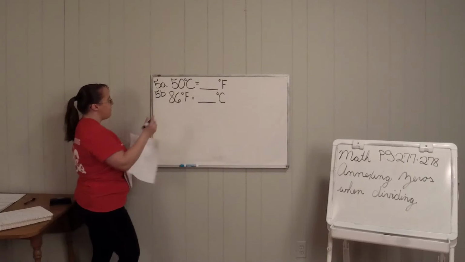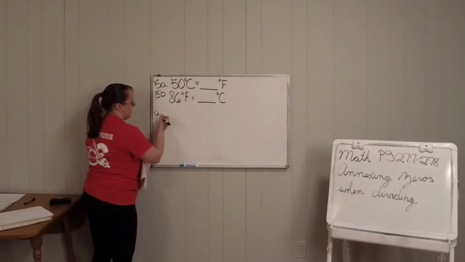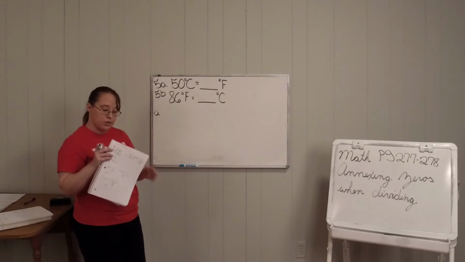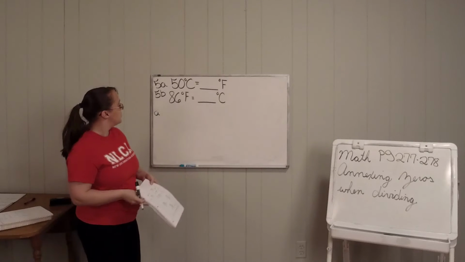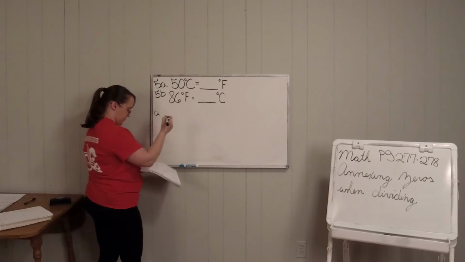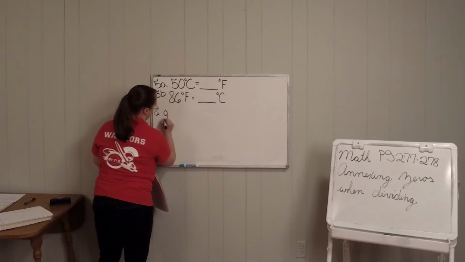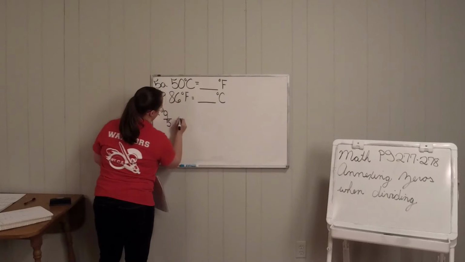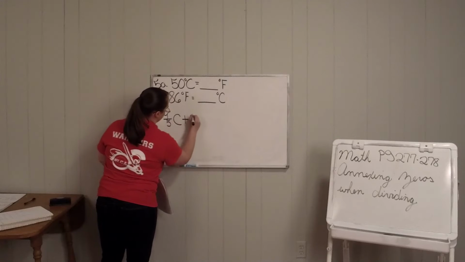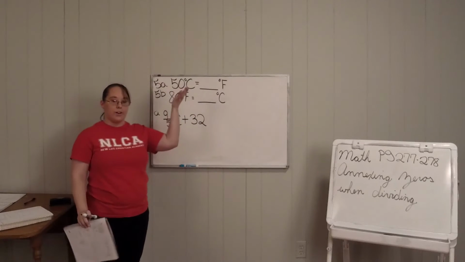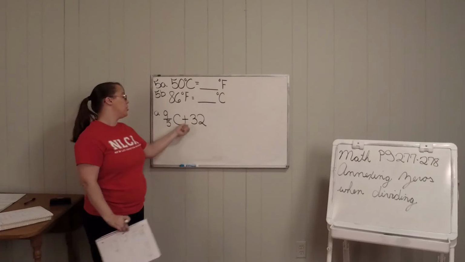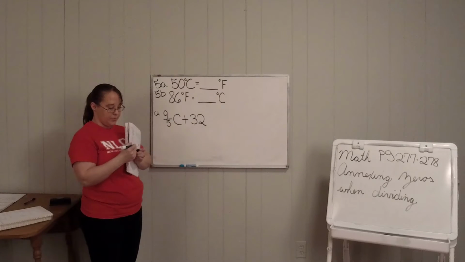So for 5A, is it 5 over 9 or 9 over 5 that we use? It's going to be 9 over 5 times C plus 32. When you're going from Celsius to Fahrenheit, the number's going to get bigger. So you're going to have to add.